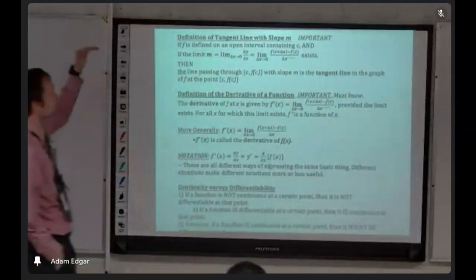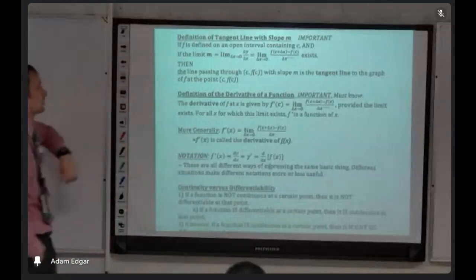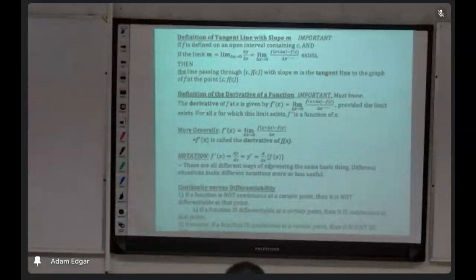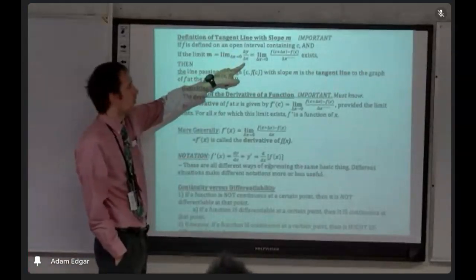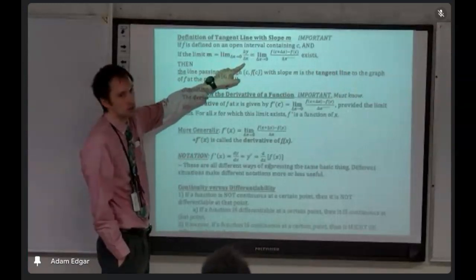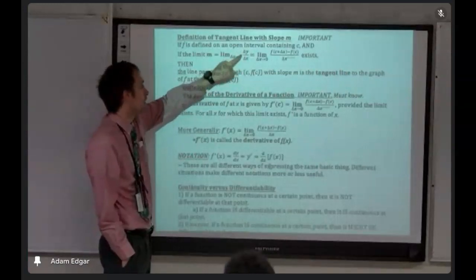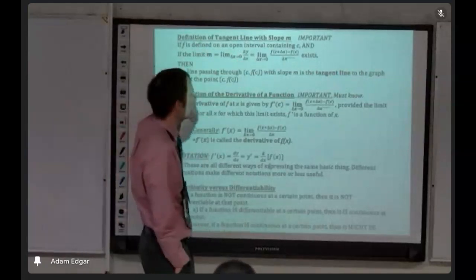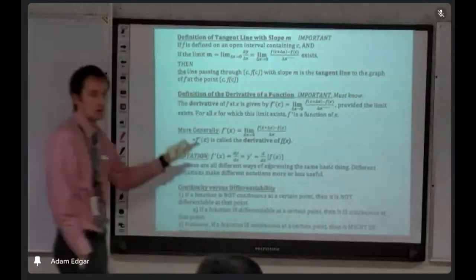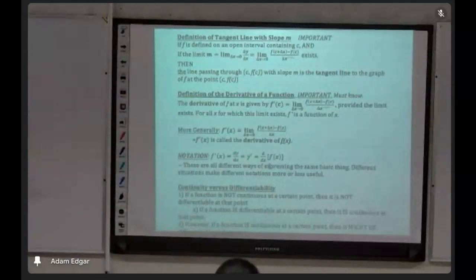If you have a function defined on some open interval, and if this limit exists, so the triangle is code for delta, and that means change. The change in y over the change in x, that's your slope, and then it's spelled out in detail, and we always use h in place of delta x.